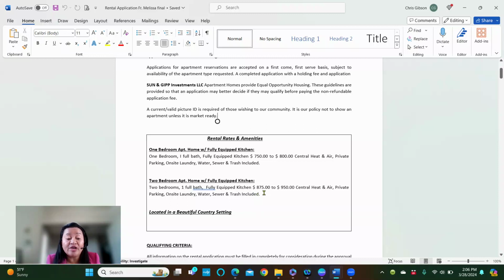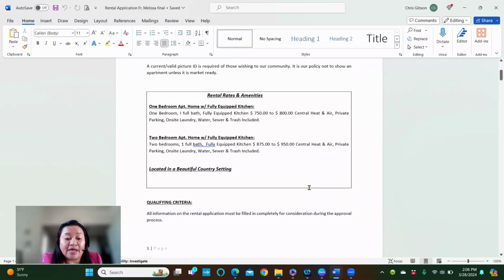There are a lot of considerations that you need to apply, and you may need to change the amount of the rent as long as it is within the market rent. It depends upon the applicant. If you think that 875 is good for them, or 950, it depends. There's a lot of consideration for that, so we just put the range.